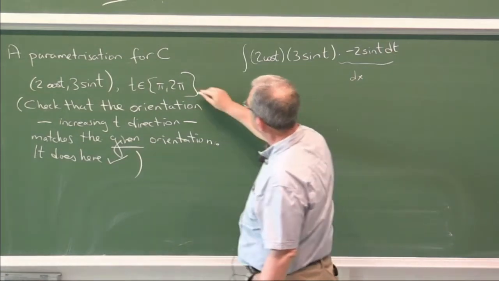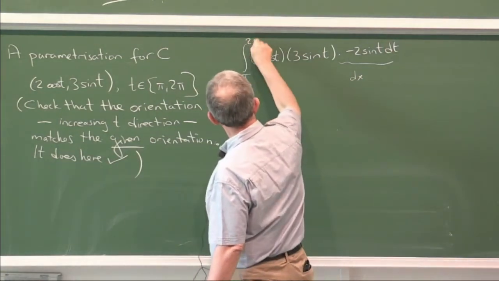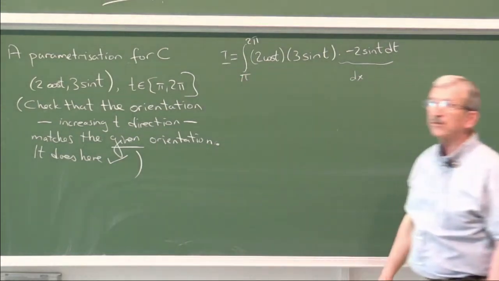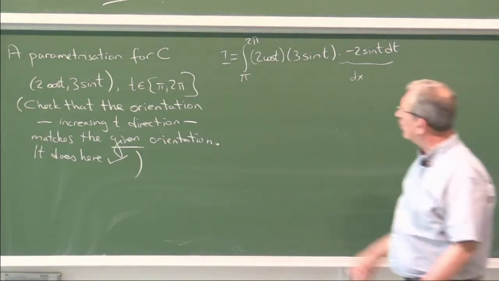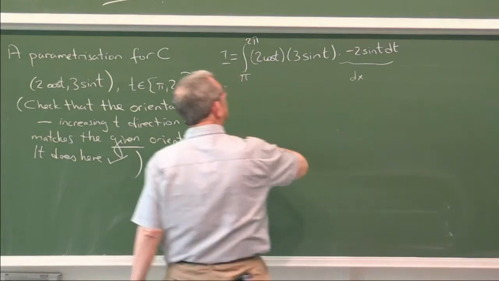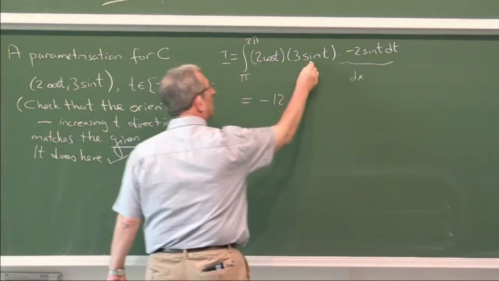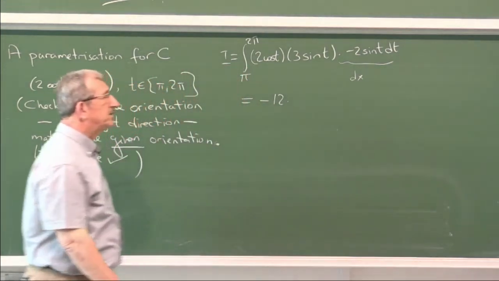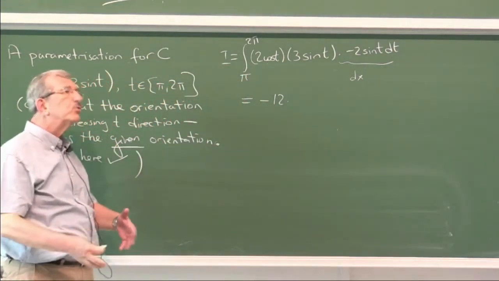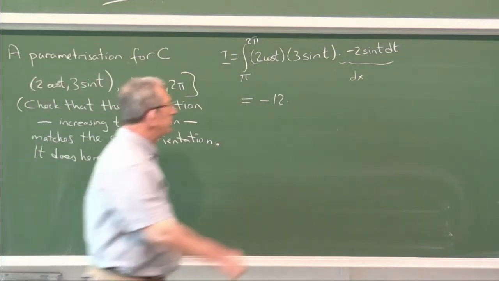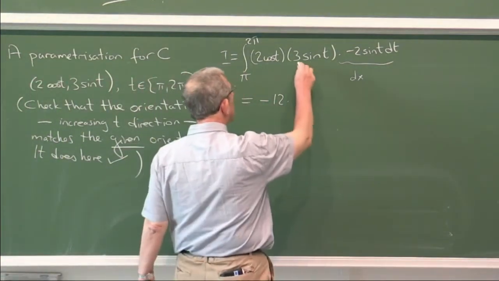And t changed from pi to 2 pi. So this is the thing we get. Well, of course, what do we have here? We have -12 of cosine t sine t. Well, that is sine 2t up to a constant.